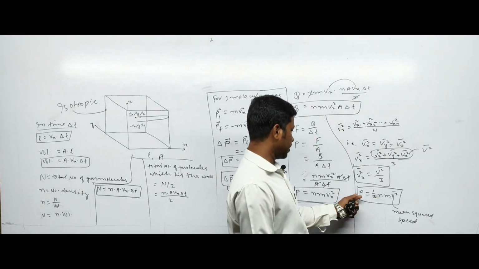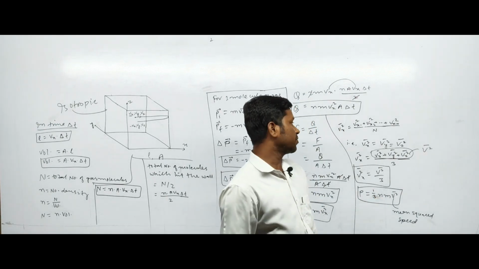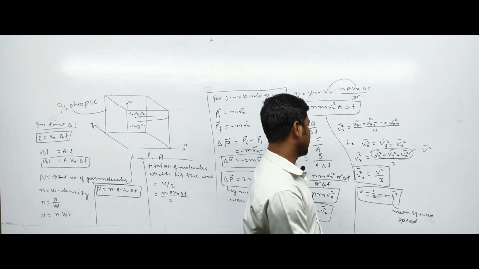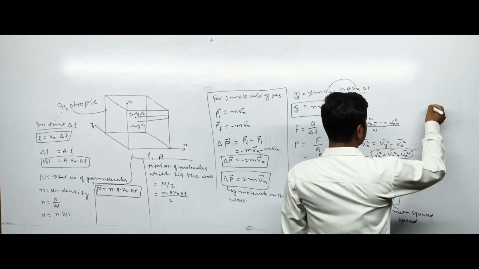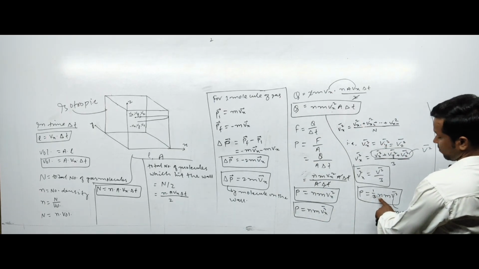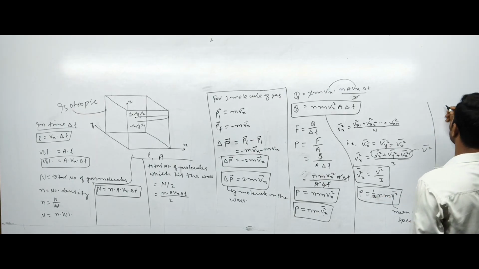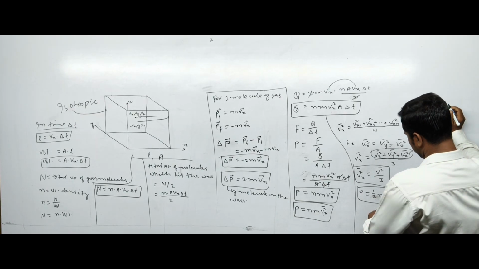We will also calculate the pressure for an ideal gas in terms of density. We just put the values of small n and small m and we will get the final result in terms of density.